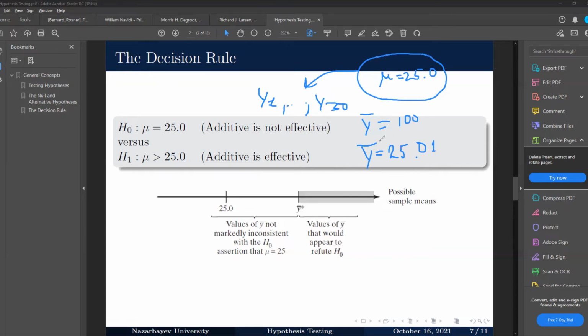Now our question is, after which values of y bar, such that y bar is greater than some value, should we reject our null hypothesis? Should it be 30, or maybe 26, maybe 27? So we have to decide after which value, denoted here as y bar star, or some critical value or threshold value, we are going to reject our null hypothesis and decide that the new fuel additive might be effective.